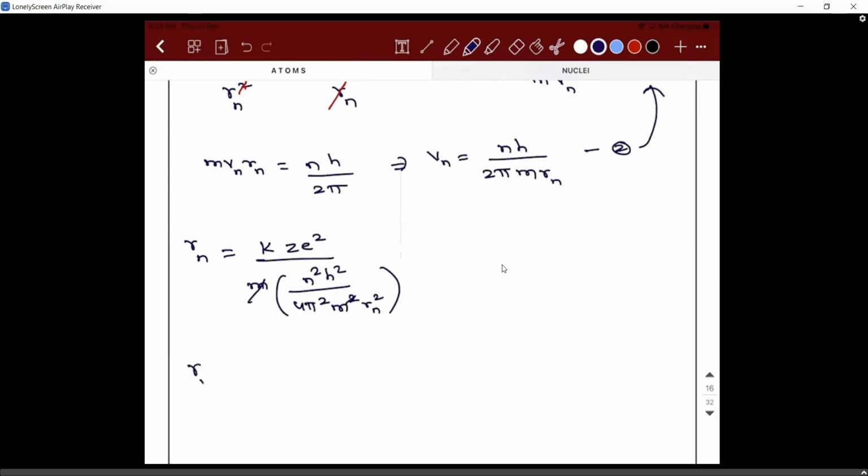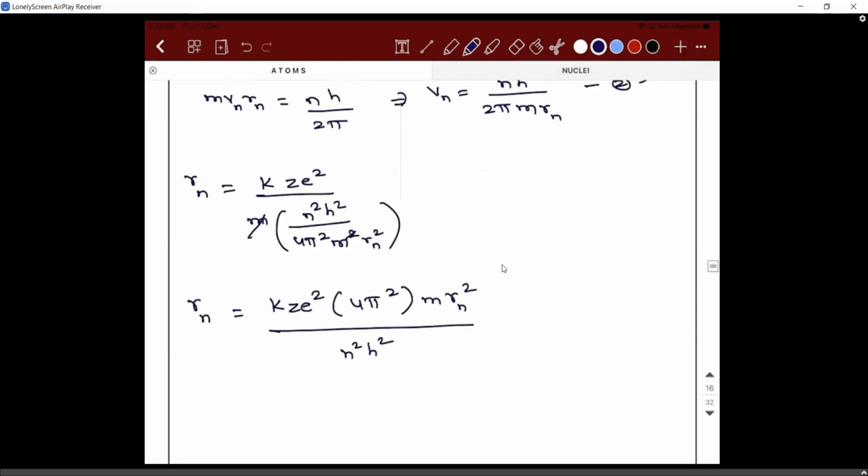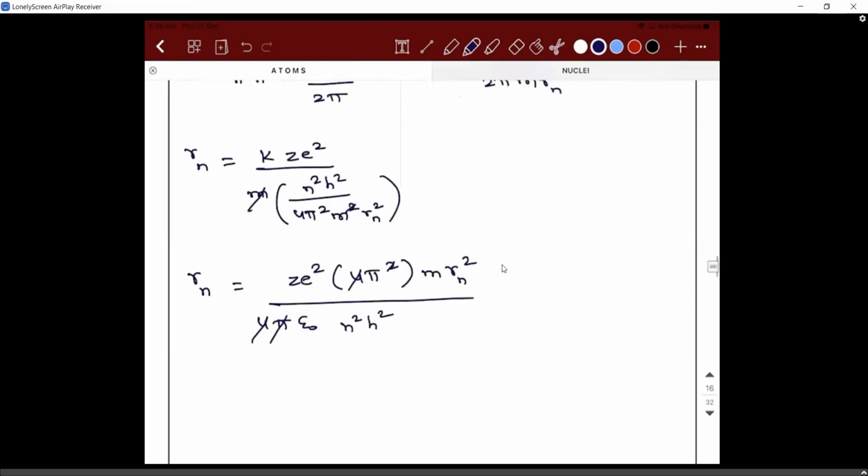I'm writing an extra step: Rn is equal to k z e square into 4 pi square into m into Rn square divided by n square h square. This is right, no? In the case of k, I will write it as 1 by 4 pi epsilon naught. Correct? So 4 and 4 are gone, pi and pi are gone. So one Rn will get cancelled.